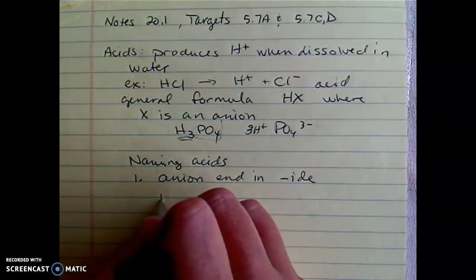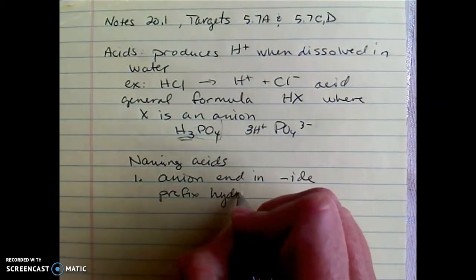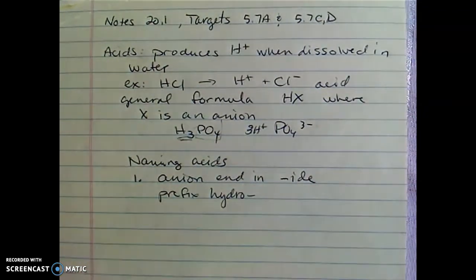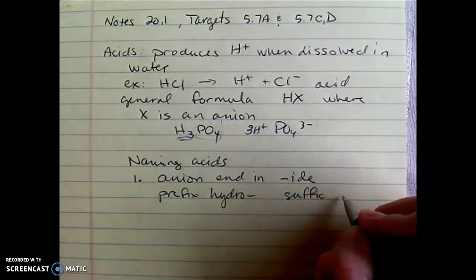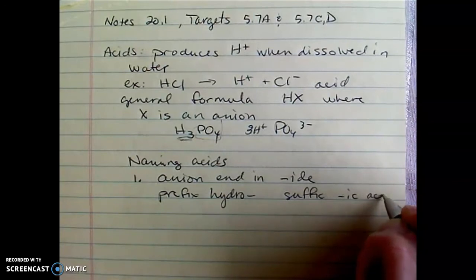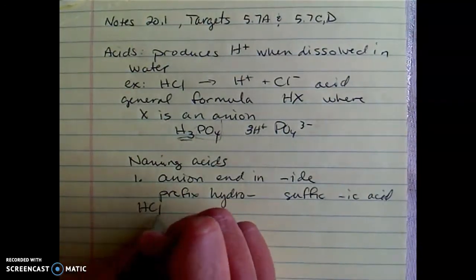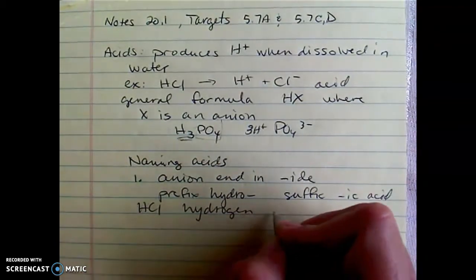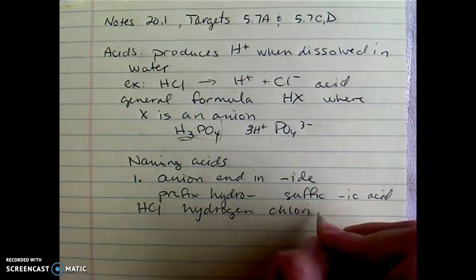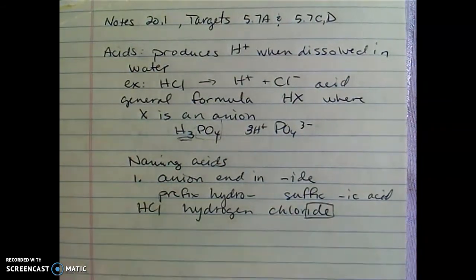You will use a prefix of hydro, and you will use a suffix of ic and then acid. On this one, HCl, this comes from hydrogen chloride. Notice it ends in IDE.